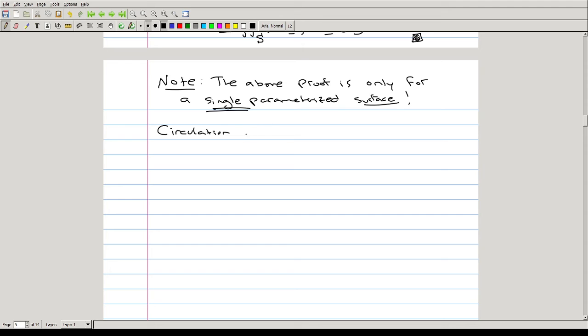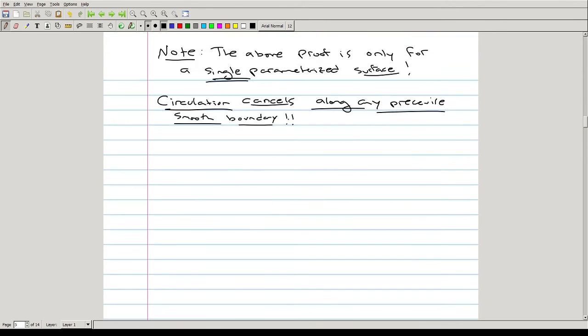You want to make sure you prove this, but for most cases that we'll find in applications, the circulation cancels along any piecewise smooth boundary. Due to the assumptions that we've made on the boundary of our shape. So it's relatively easy, right, to extend this directly.